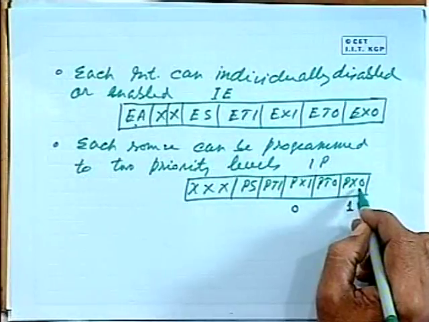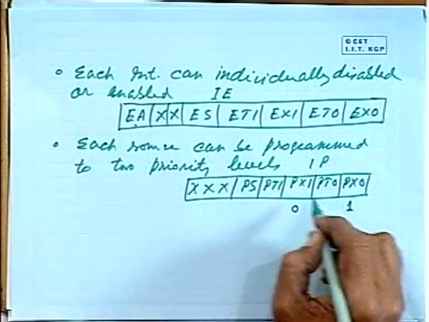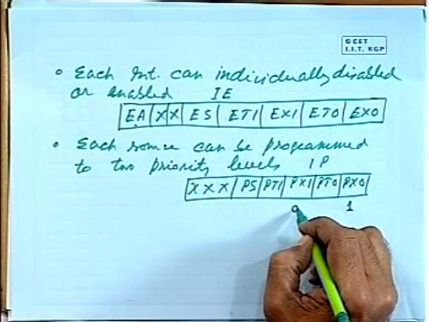Obviously, whenever a higher priority interrupt service subroutine is in progress, lower priority interrupts will be disabled automatically. Suppose this particular bit is set to 1 and this particular bit is set to 0. That means external interrupt 0 has the higher priority and external interrupt 1 has the lower priority.